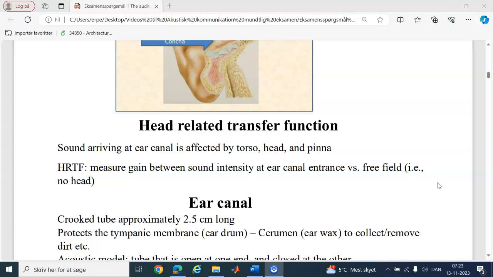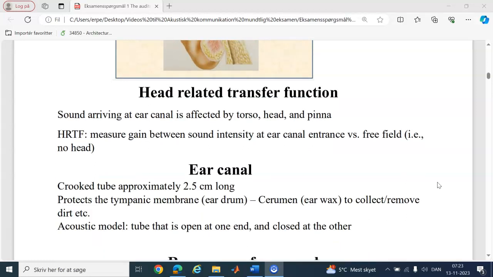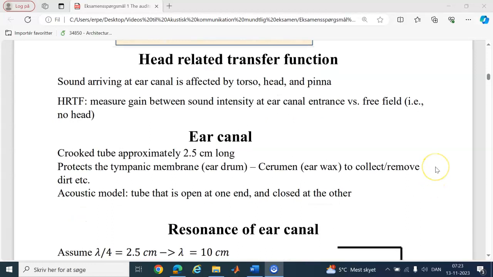The head-related transfer function measures the gain between sound intensity at the ear channel entrance versus free field with no head. What does it mean? It means that the torso, head, and pinna give a gain in dB compared with the free field.